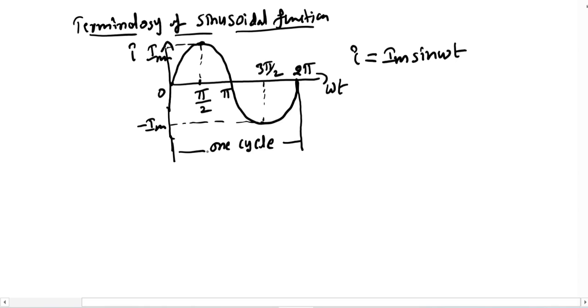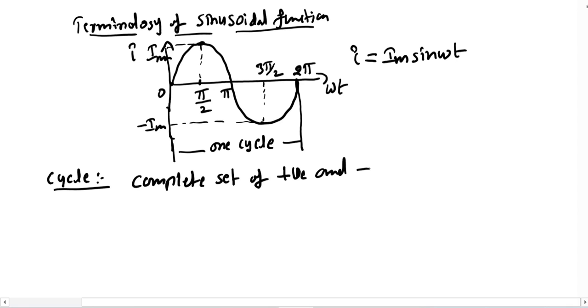So how will you define a cycle here? It is a complete set of positive and negative values of AC quantity.